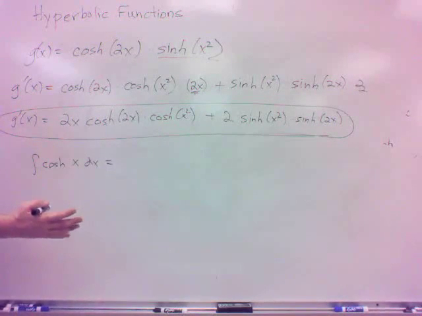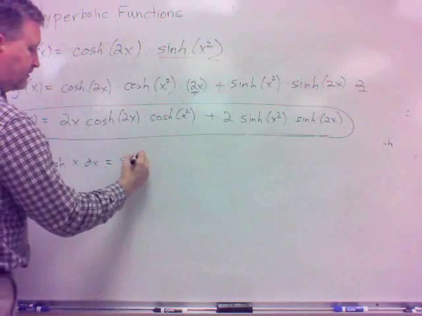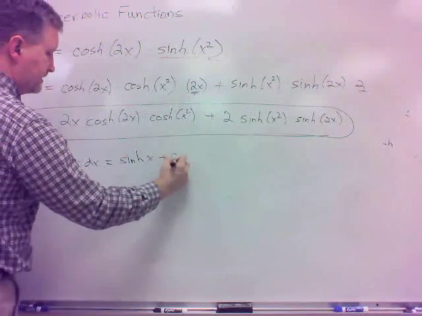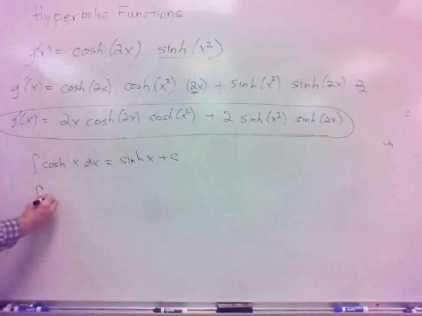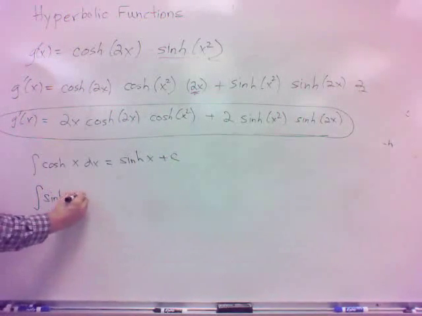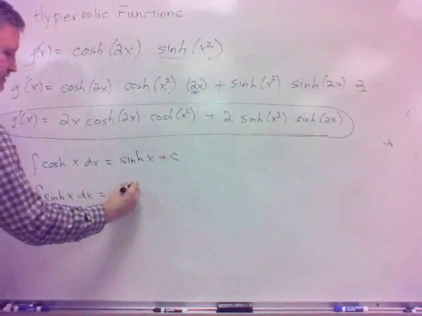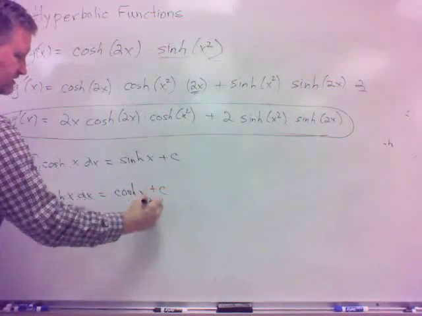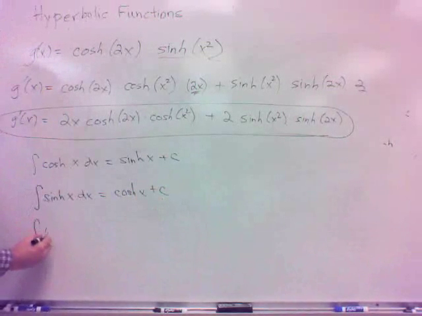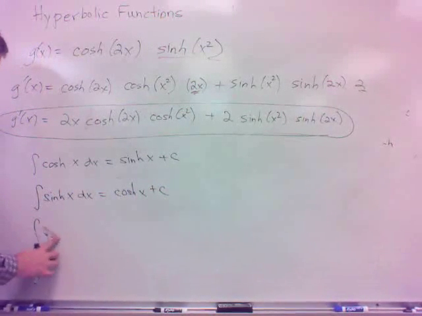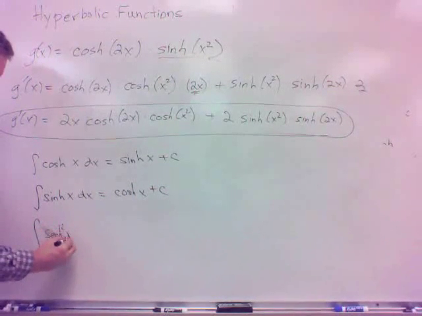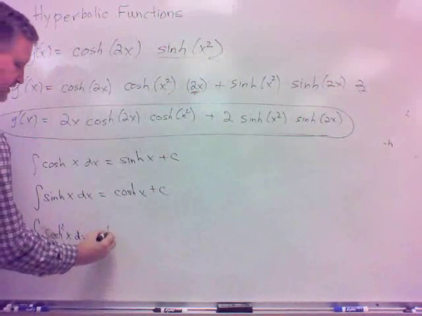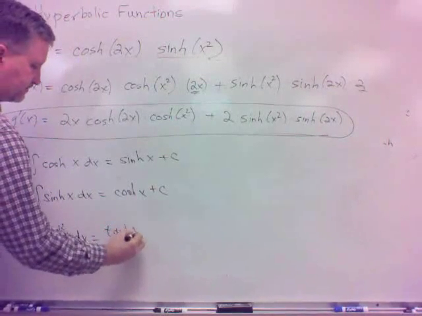It'd be sinh, wouldn't it? Plus c. The integral of sinh, the antiderivative, in other words, is going to be cosh. You don't have to worry about the signs on those. And then the antiderivative of sech squared, I think, is the main three that we'll focus in on here. That would be the tanh.